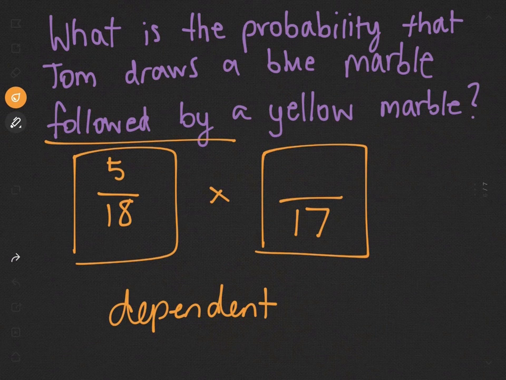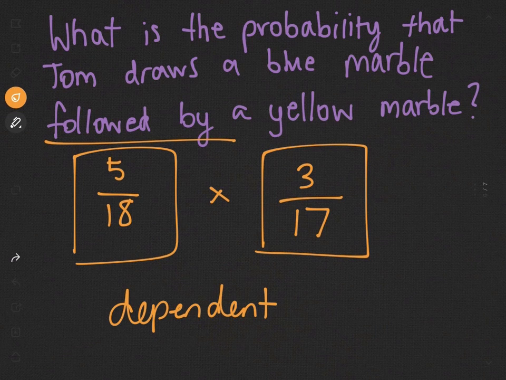And because of this, the probability of drawing a yellow marble is going to be 3 out of 17 instead of 3 out of 18. So this is something you guys need to be mindful of when you're solving these types of problems. You have to realize whether the events are independent or dependent.